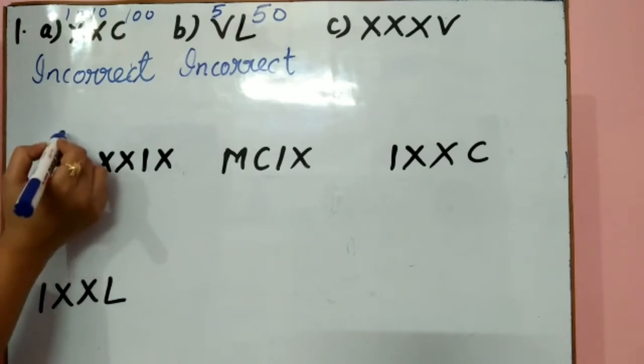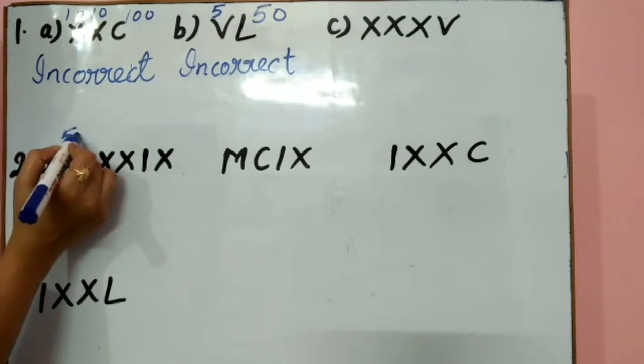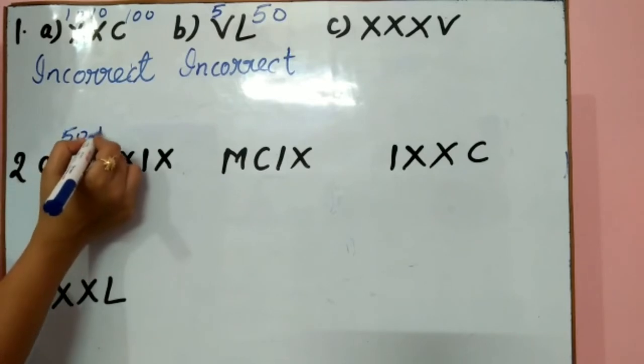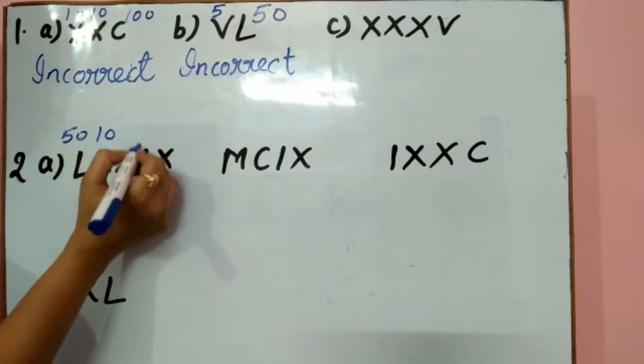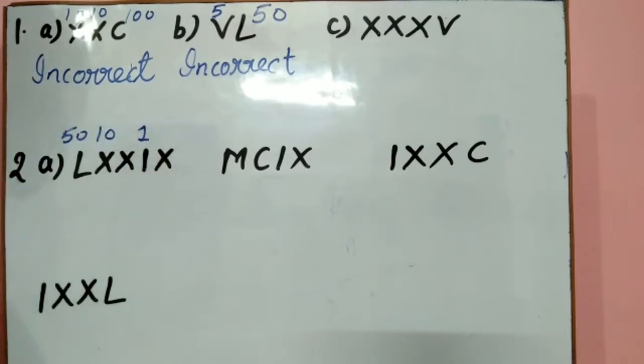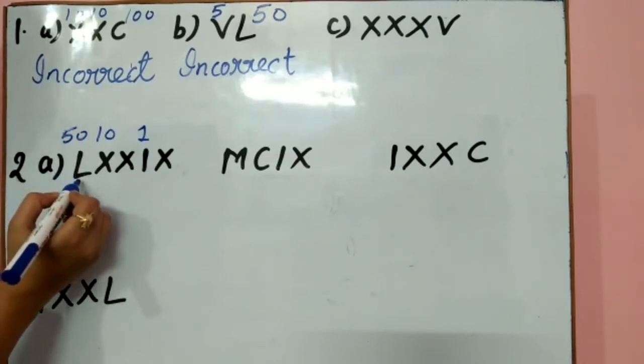The value of L is 50. The value of X is 10 and the value of I is 1. We always start from the left hand side.